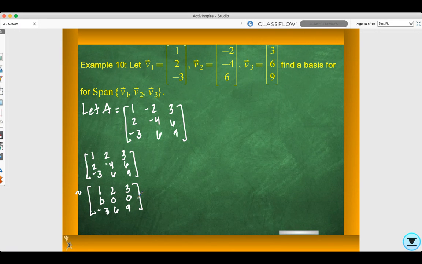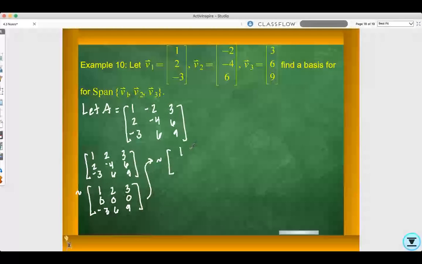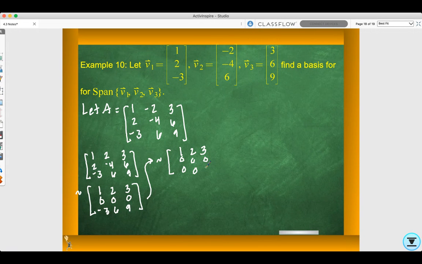And then I notice that I can take 3 row 1 and add it to row 3. So I take 3 row 1 and add it to row 3, and I get 0, 0, 18.